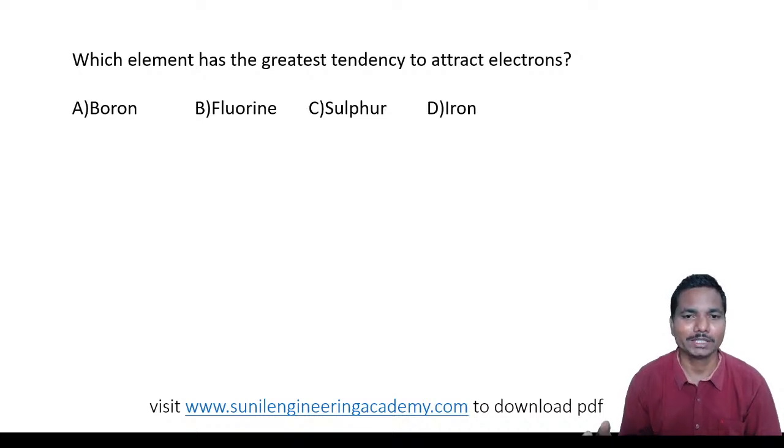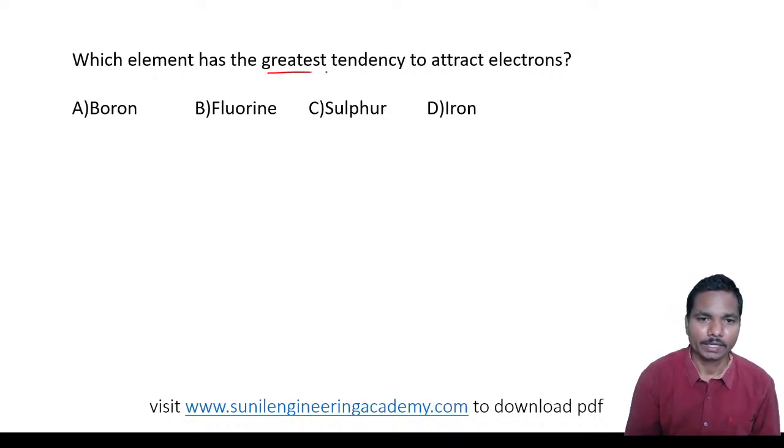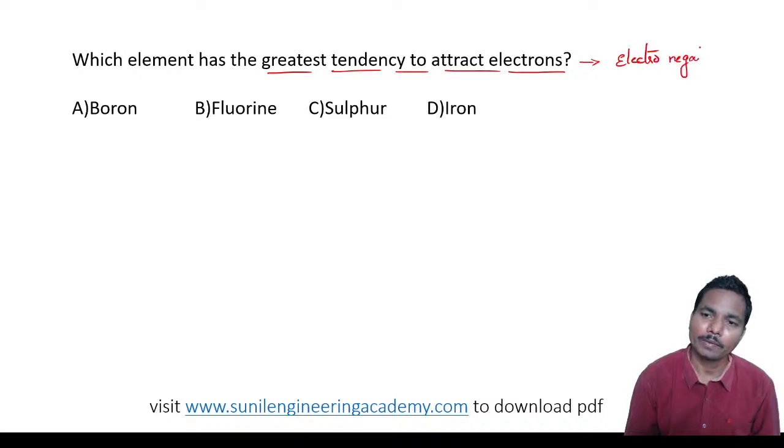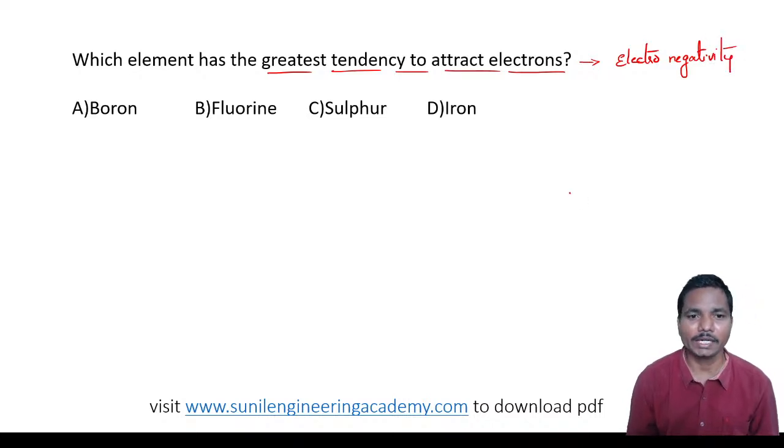Most of the questions came from our notes and our MCQ classes only. What is the property which has the greatest tendency to attract the electrons? It is nothing but electronegativity. Fluorine.